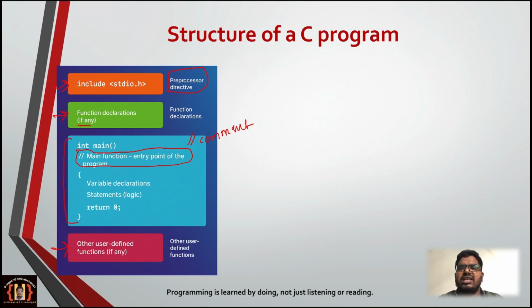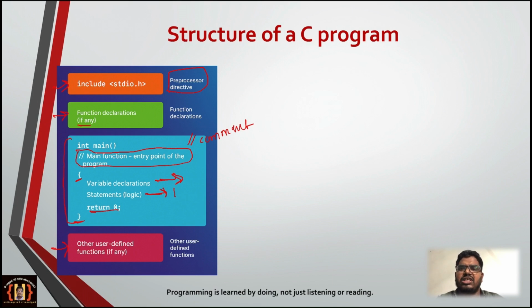They are not part of execution, right? Now after main, as I said, there is an opening brace and closing brace, and there is a return. First comes the variable declaration, which I'll explain later, and then your statements, your logic, come here.